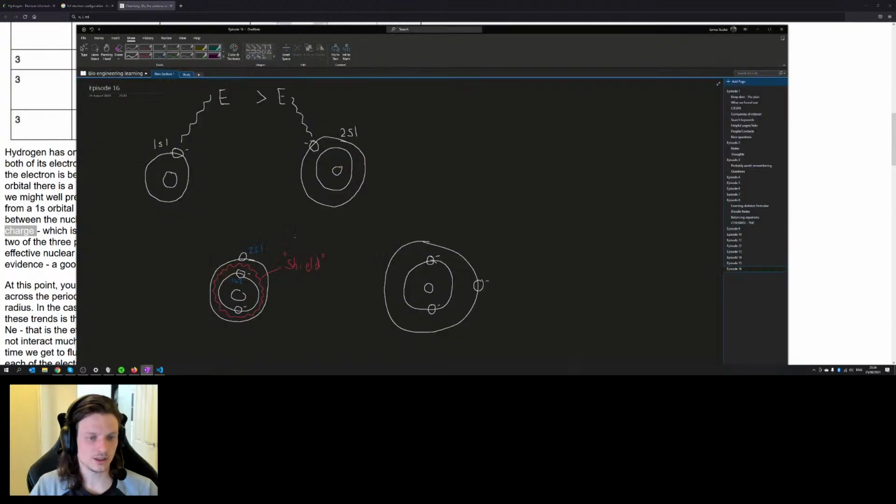So the positive charge in the center, let's make that middle a bit bigger. So this is going to be a positive, and a positive.